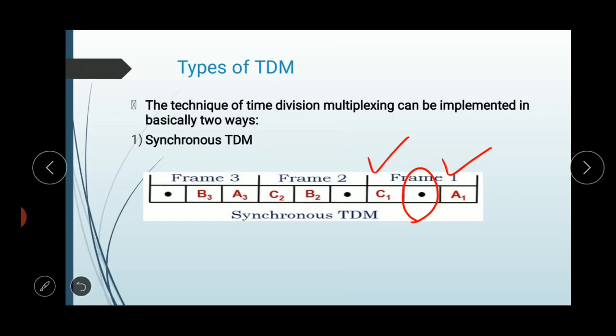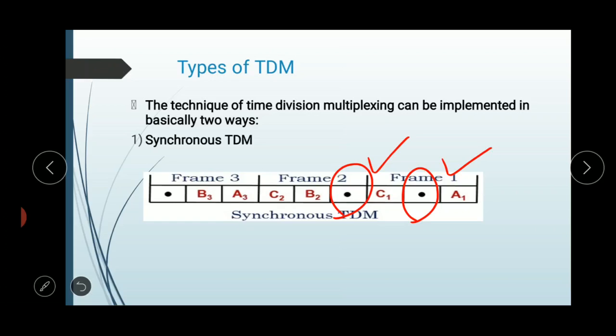So that source sends a blank segment, or the time slot is wasted. Like this, in the second frame, the first time slot is blank, as there is no information present with source 1. Like this, a number of time slots are wasted in the synchronous TDM method.